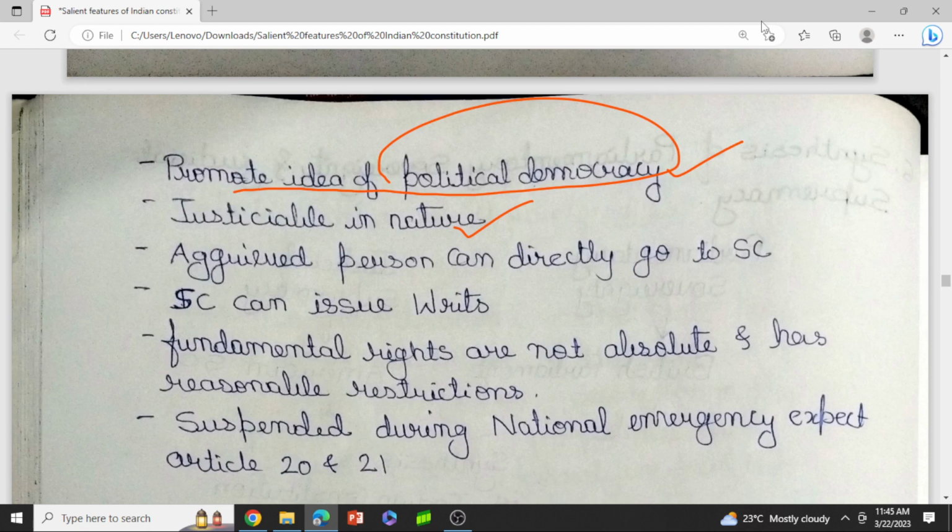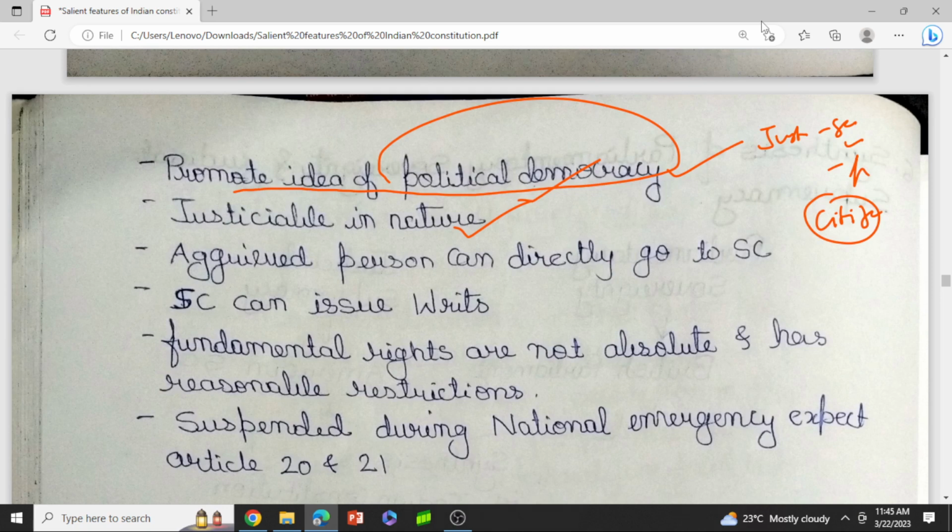That is political democracy. It should give us the freedom to participate in elections and to be a part of the system, to run the country. All this is political democracy.